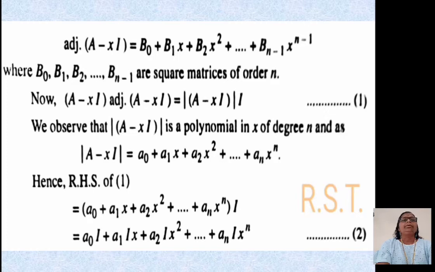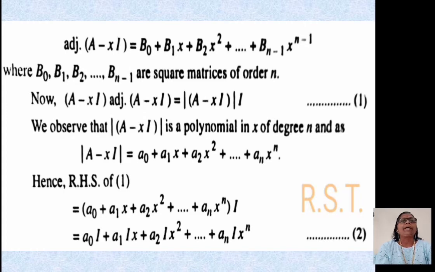Now, you know the property A into adjoint of A equals determinant of A into I. We use this property, hence we have A minus xI into adjoint of A minus xI equal to determinant of A minus xI into I. Denote this equation as equation 1.